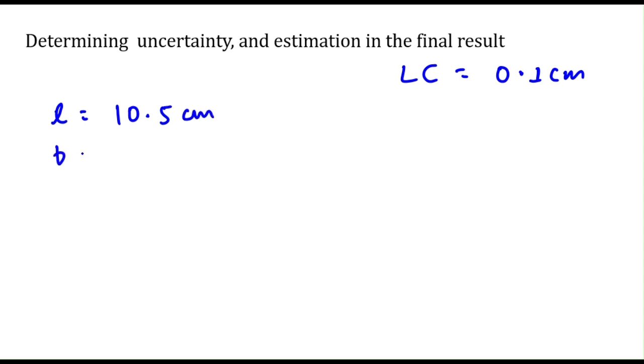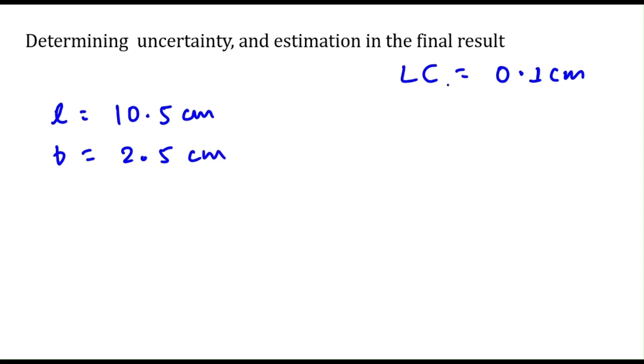Okay, let's end our discussion with one more topic here, determining uncertainty and estimation in the final result. So let's take an example. Let's say we have used an instrument of least count 0.1 centimeter, and we have measured the length of a rectangle 10.5 centimeter and breadth 2.5 centimeter.